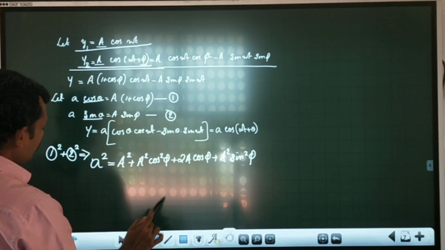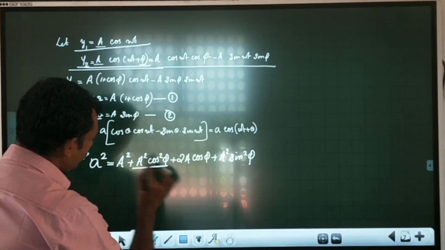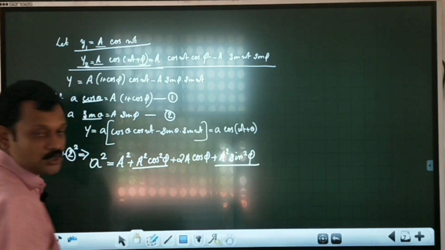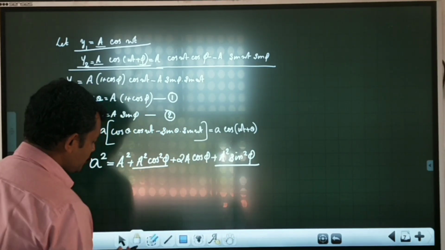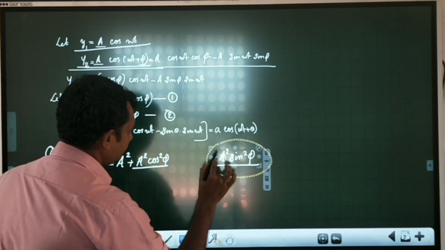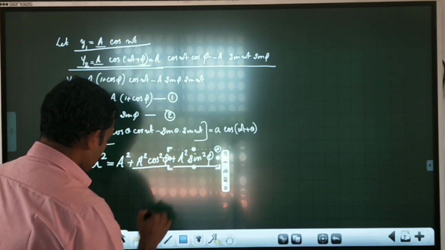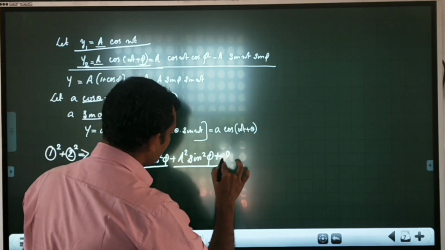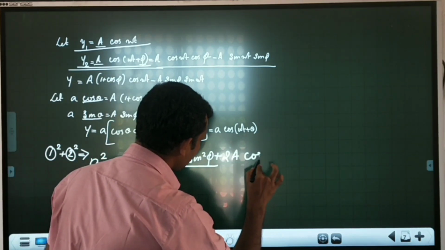Now we can see one more thing from here. What is this A square cos square phi plus A square sin square phi? Adding these two terms, with your permission, I am just taking this part closer, and then I will write everything 2A cos phi.